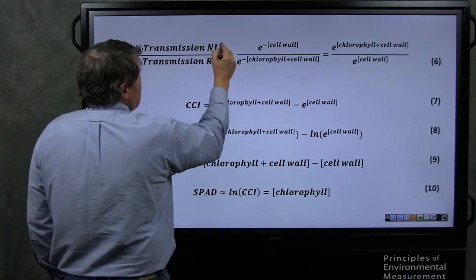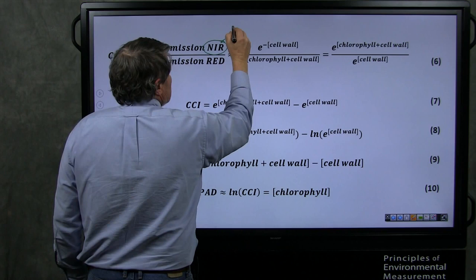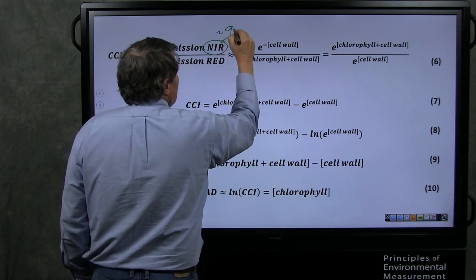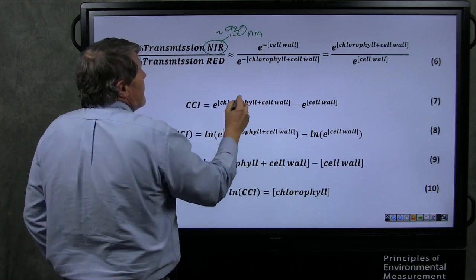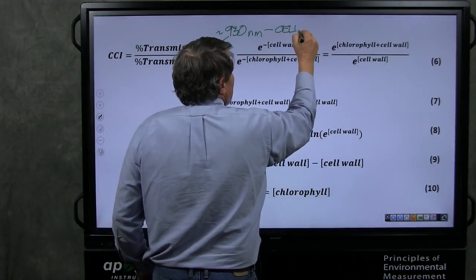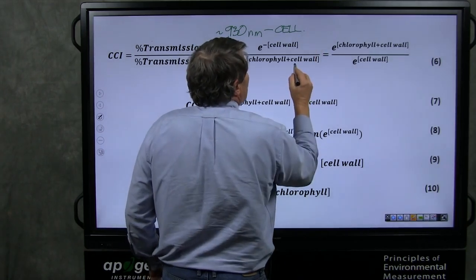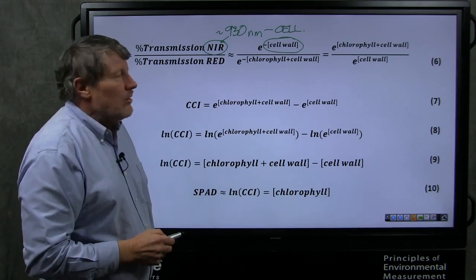There's two wavelengths here. This is critical. This NIR wavelength, which is at about 930 nanometers, measures cellulose. I don't have to write it out because it's right here. Measures just the cell wall.